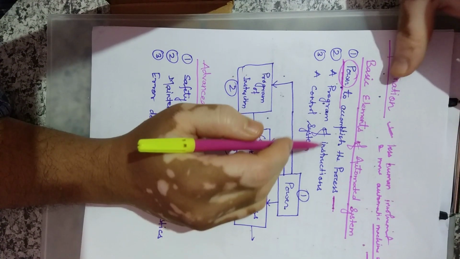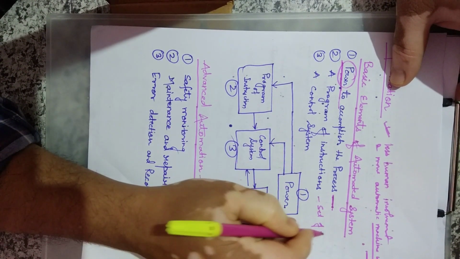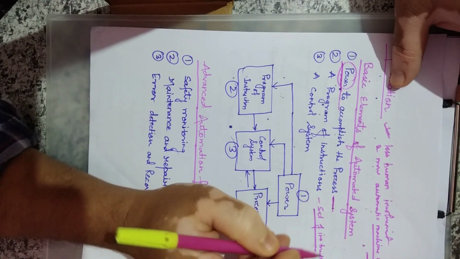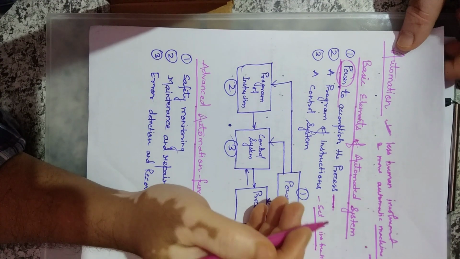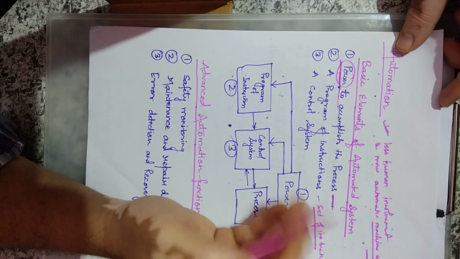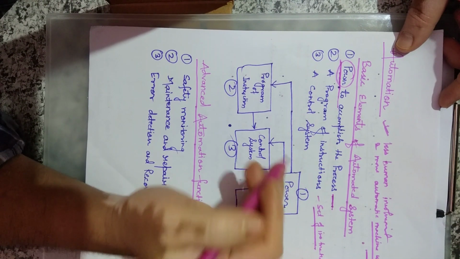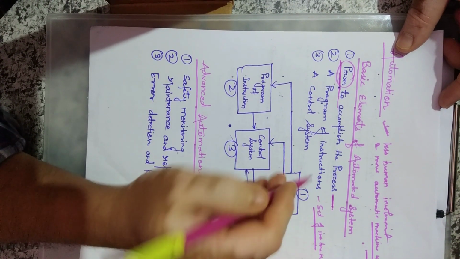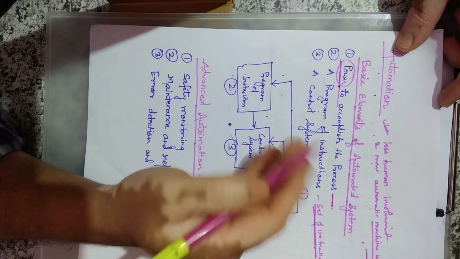The second element is instructions, the set of instructions. For example, in G code, M code, or whatever the codes, to make a machine run properly, the set of instructions sent to the MCU or the control unit is different for different machines.